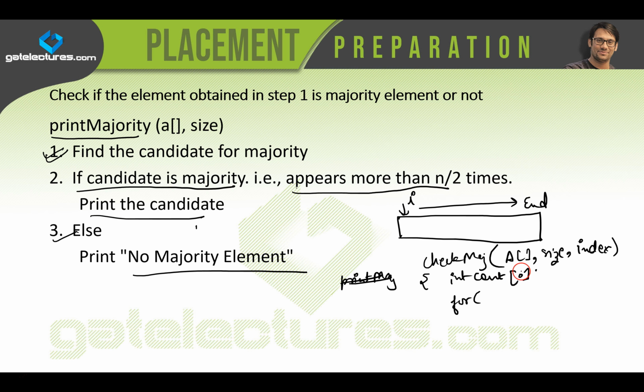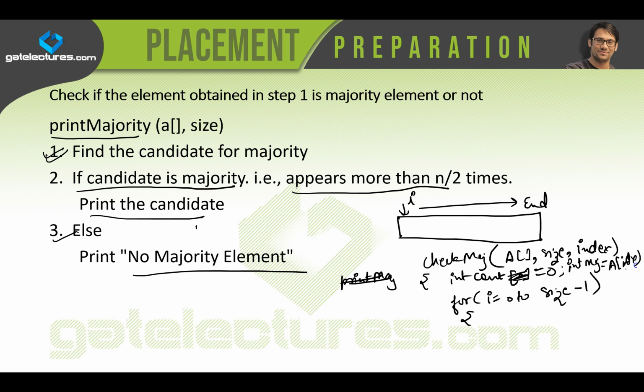So what we are going to do: for I is equal to 0 to size minus 1, every time we find this majority element, we have to increment the value of count. So let us say we store this index, int majority is equal to A of index.